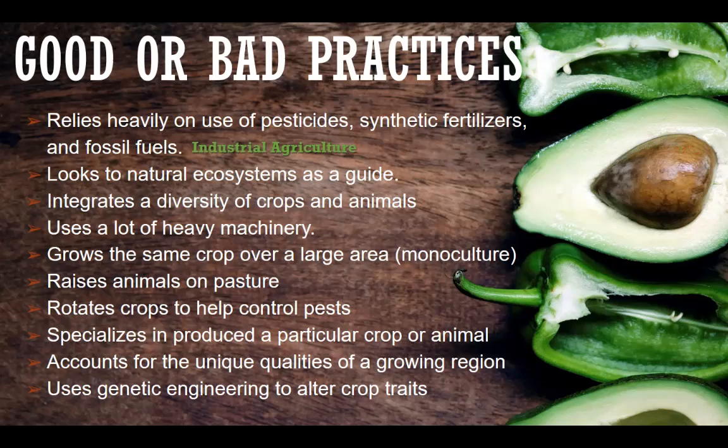Number two, looks to natural ecosystems as a guide. Well, looking to nature as kind of a guide for how to behave, that's straight out of agroecology. Number three, integrates a diversity of crops and animals. Now, you see that word diversity? That was something that was straight out of our definition, the traits of agroecology.